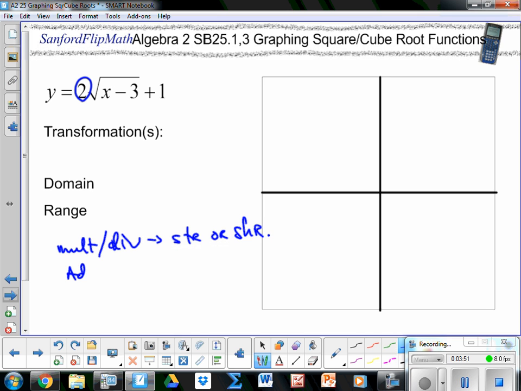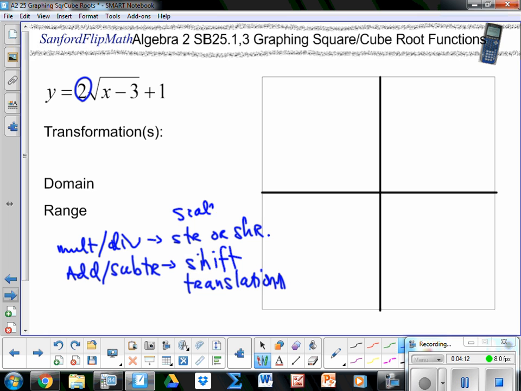Addition and subtraction do shifts or slides. Shifts and slides were called translations. Stretches and shrinks were called scale changes.